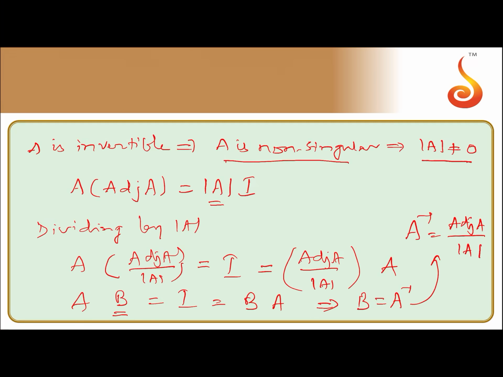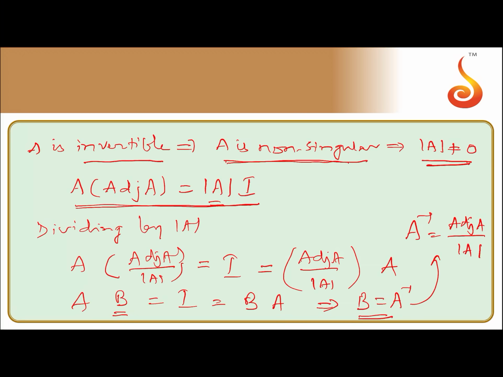So, if A is an invertible matrix, A is non-singular and det A is not equal to 0. By the identity A into adjoint A equals det A into I, dividing by determinant of A since it is not 0, A into adjoint A by det A equals I, which equals adjoint A by det A into A. So AB equals I equals BA, and this shows that the second matrix is the inverse of the first one.